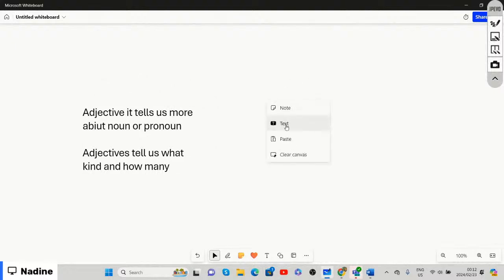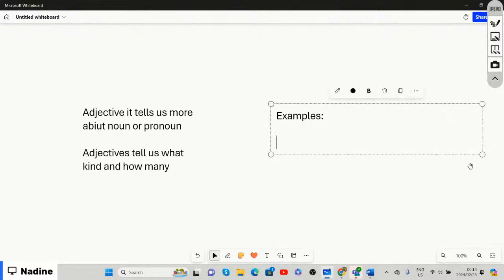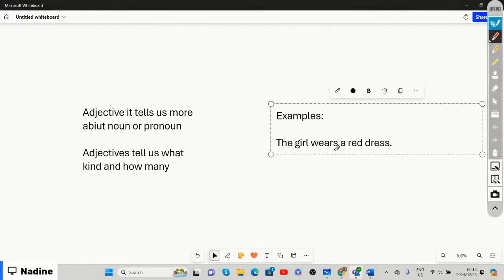If we look at an example of a few adjectives, the girl wears a red dress, then red tells us what kind of dress the girl wears.